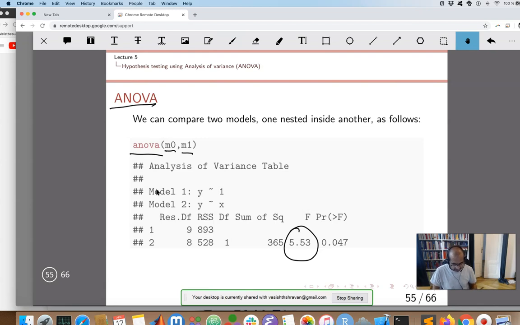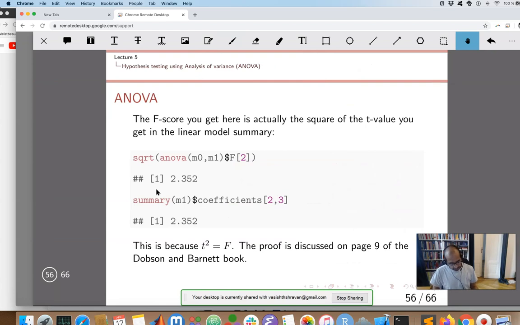That's basically the same logic all over again. And as you can see, the p-value also is shown in the ANOVA output, and because it's below 0.05, I can reject the null hypothesis that there is no effect of the predictor X. So I would then say that there's a significant effect of the predictor X on Y, right?